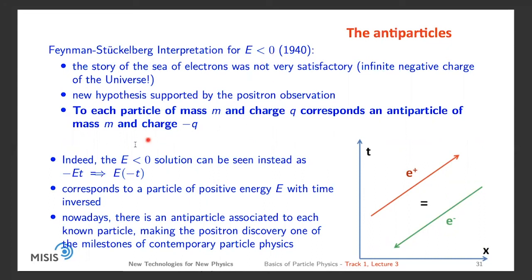And the solution with negative energy can be seen instead as a positive energy particle moving backwards in time. So you can see here, an electron moving backwards in time is the same as a positron moving forward in time. Nowadays, there is an antiparticle associated to each known particle, making the positron discovery one of the milestones of contemporary particle physics.